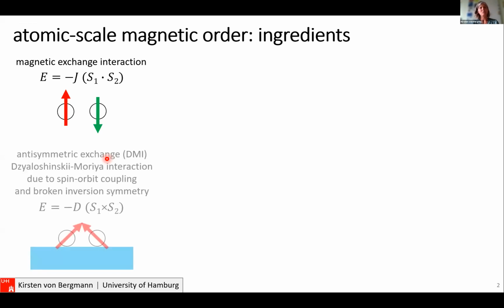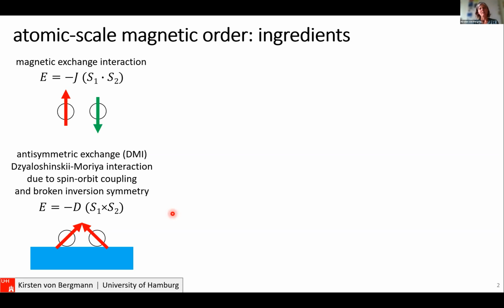Then, because we're talking about thin films and interfaces, usually we have some anti-symmetric exchange interaction or Dzyaloshinskii-Moriya interaction, which has the lowest energy once the spins are canted at 90 degrees, and then the sign of this prefactor D determines whether they would prefer to be at plus or minus 90 degrees.